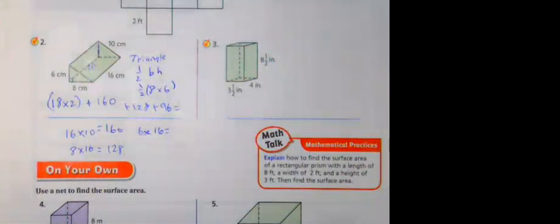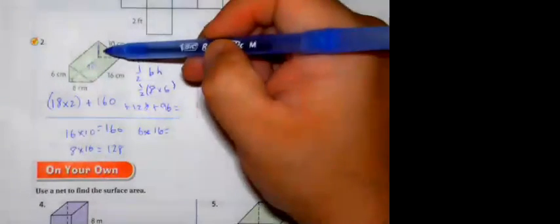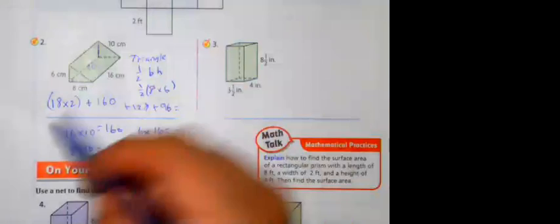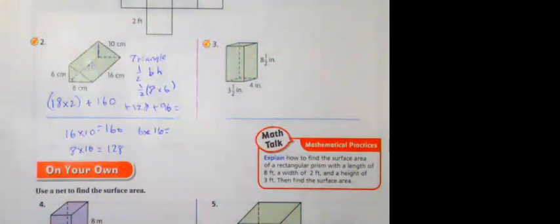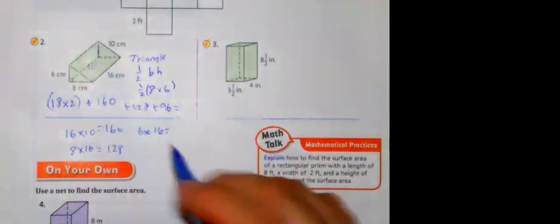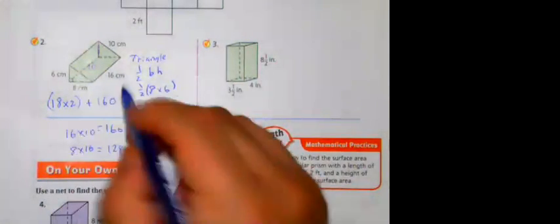So let me see here. So let me see, we got our sides. 2 triangles. Oh, no, I made a mistake. This is 24.